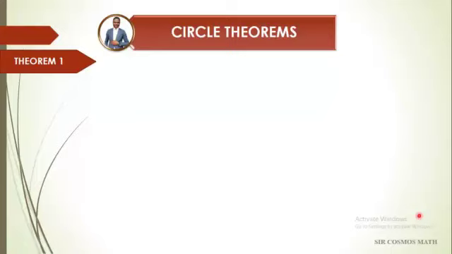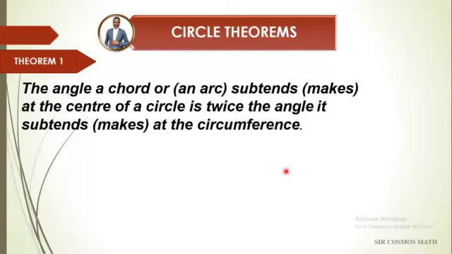According to what I have here, the theorem says that the angle a chord makes at the center of a circle is twice the angle it makes at the circumference of the same circle. That is, the angle a chord or an arc makes at the center of a circle is twice the angle it makes at the circumference of that circle.